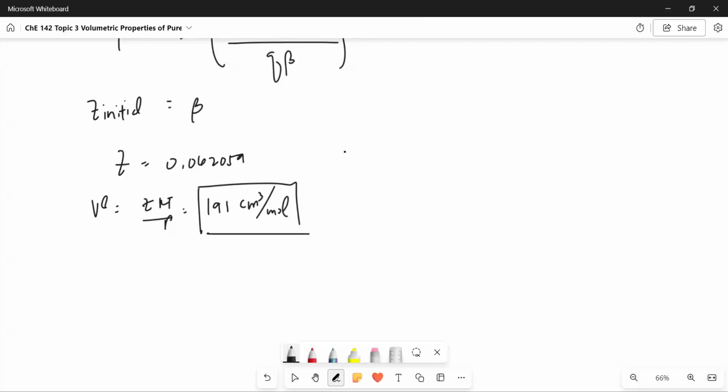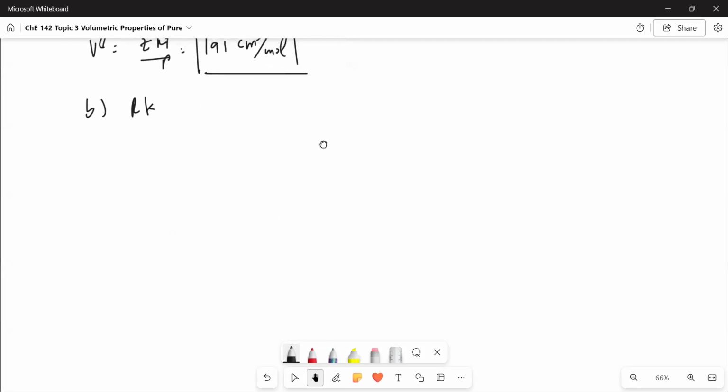Okay, now we move on to letter B, which is the Redlich-Kwong. Similar to the previous equation of state, you determine the parameters beta and q. I will no longer write the steps in detail.